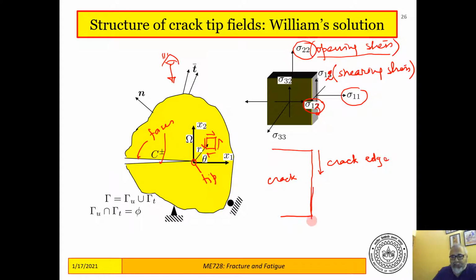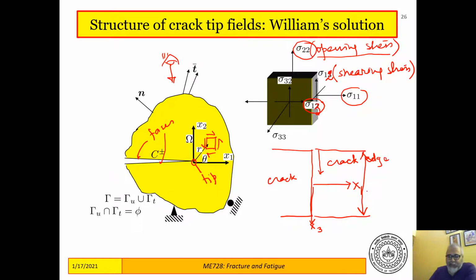So this is your x3 direction, and this is your x1 direction. So get the geometry correct, and the crack runs all through the body. So the body is this thick, this is the thickness of the body, and if this is infinite, it's a plane strain problem. If it's very small, it's a plane stress problem. So we will generally be dealing with plane strain, but as you know, plane strain solutions can easily be converted into plane stress solutions.